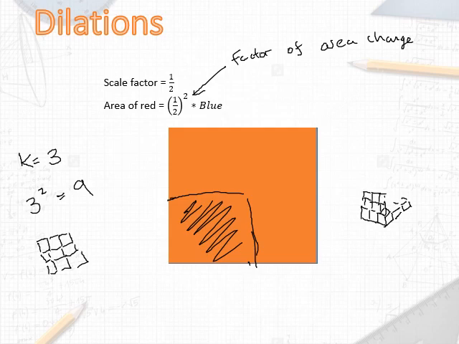Excuse my really bad drawing, but imagine a Rubik's Cube, a 3 by 3 by 3 box. There would be 9 cubes per row, and there are 3 rows, so you would end up with 27. So for volume, which we'll see much later, the volume factor is the scale factor, represented by the letter K, cubed.